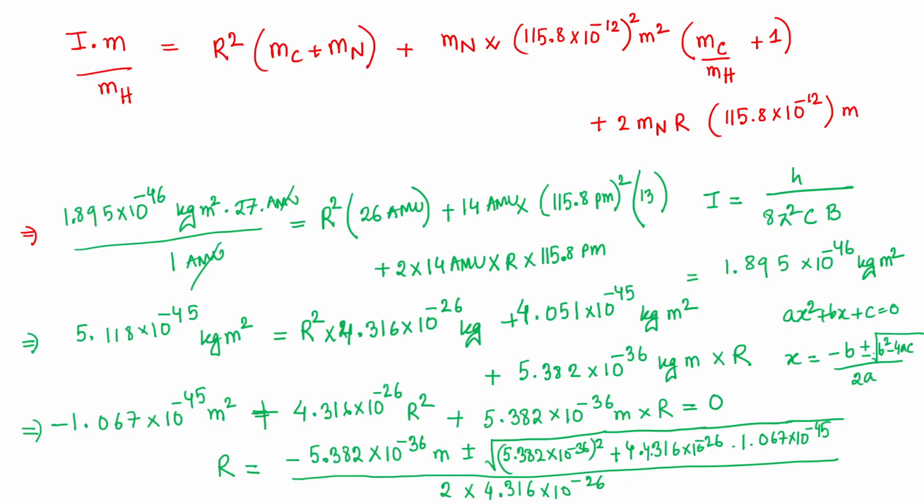So square root of that, and 4 into this part is this plus 5.382 into 10 to the power minus 36, square of that.